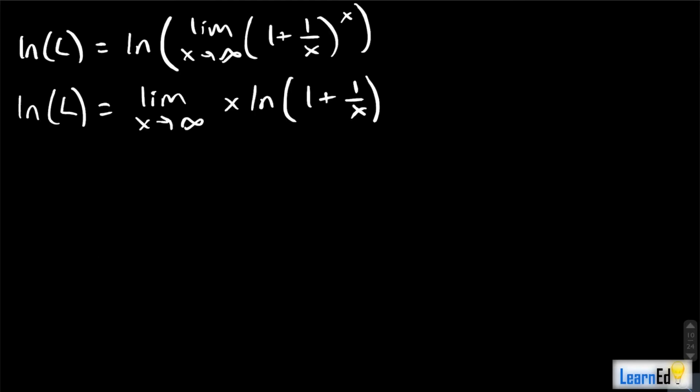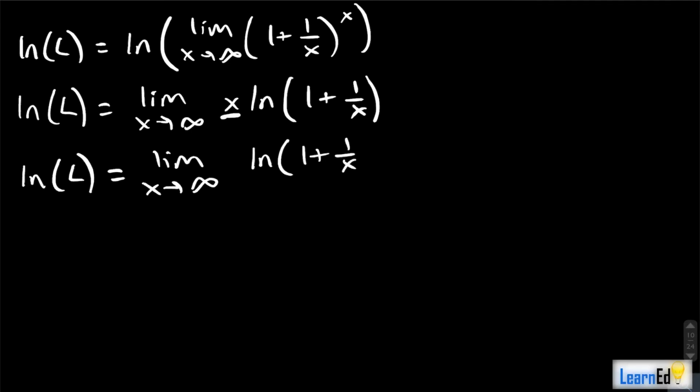So now all that's left to do to get this into something that we can do L'Hopital's rule on is to express x as 1 over x in the denominator. So we get this. Okay, this is still equal, right? But now we're expressing it a little bit differently, so we get a 0 over 0 case.